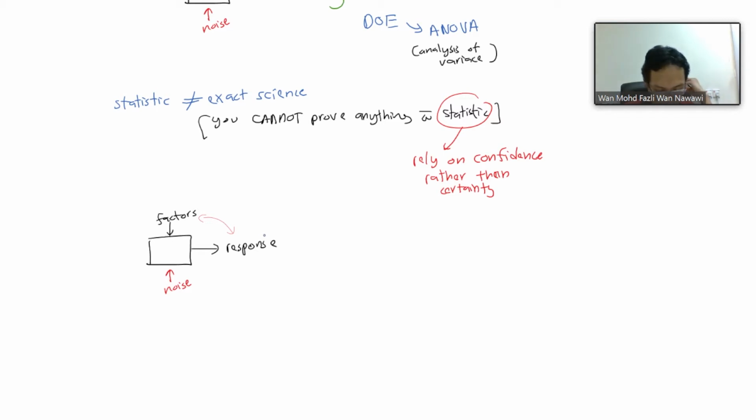For example, previously we talked about the fungus. We grow the fungus that can eat plastic. At the end of the day, let's say you see that A and B give the highest effect in plastic degradation.